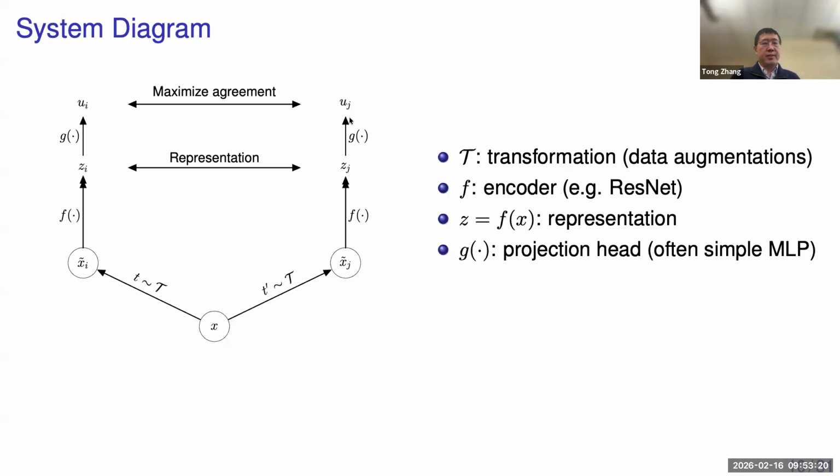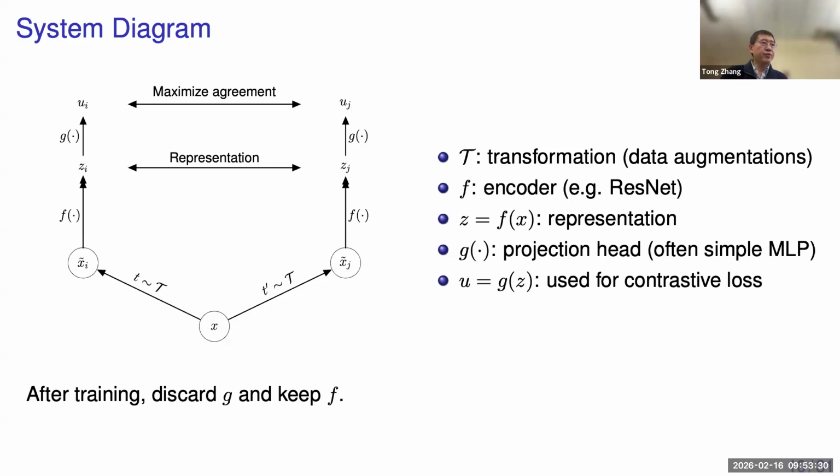But essentially, this is G, and U is for the contrastive loss. We will soon talk about that. After training, you discard G and only keep F, right? F is your encoder. G is just for loss calculation, it's a part of the loss calculation.